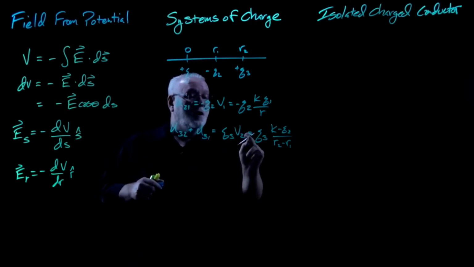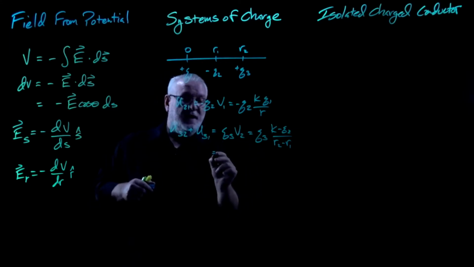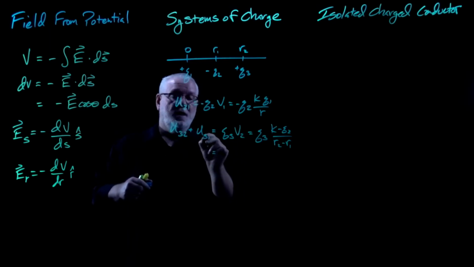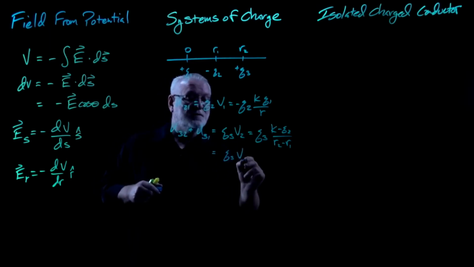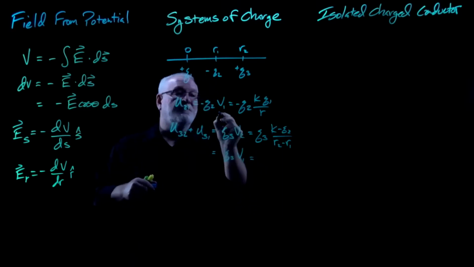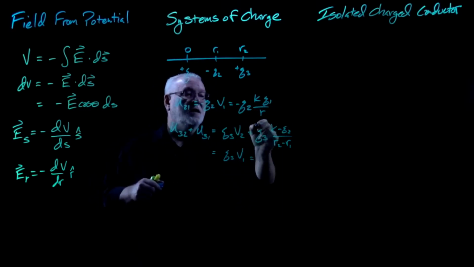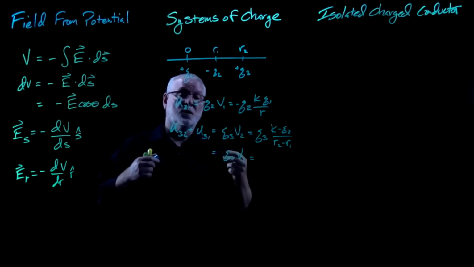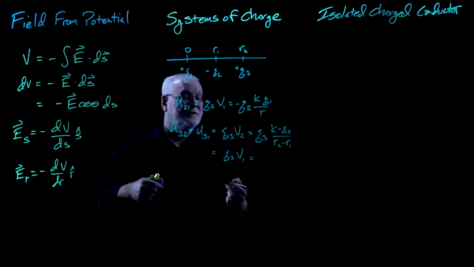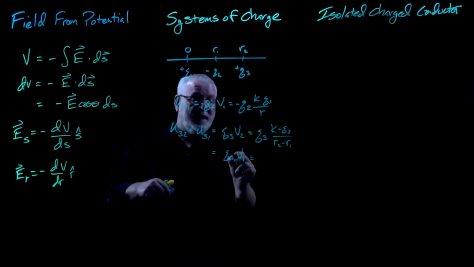Of course, there'll also be a second energy in the same association, and that's U31. That's going to be Q3 times V1. And of course, the V1 is the same as it was up here. It's kQ1 over R. But in this case, both of these charges have the same sign. So we're going to gain positive potential. We're going to have to do work in this case. So what's that going to be?